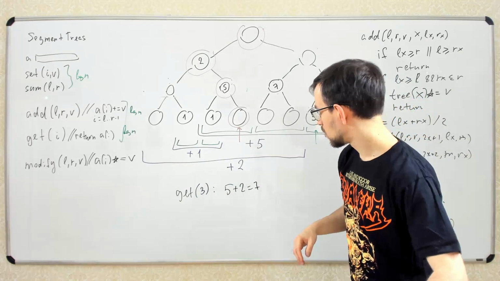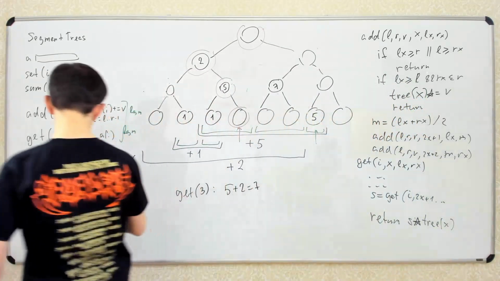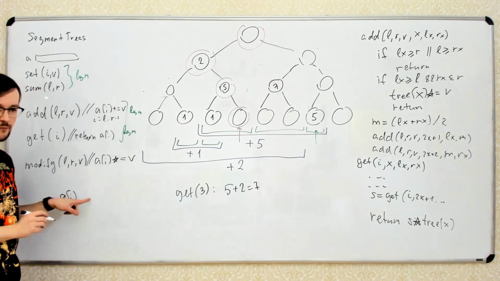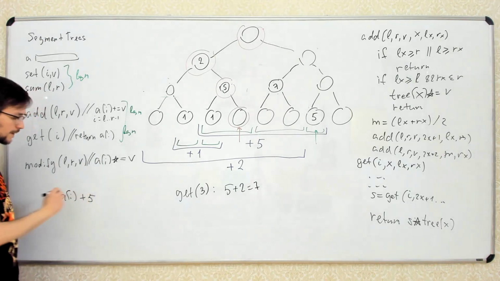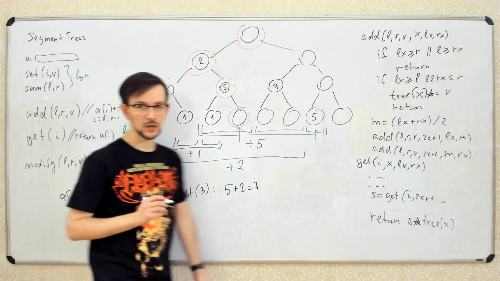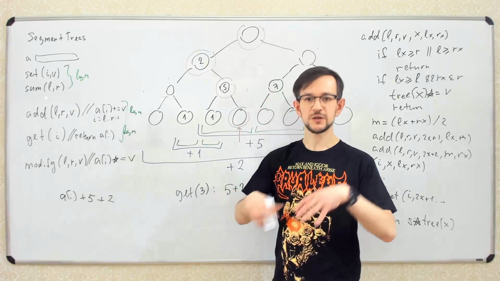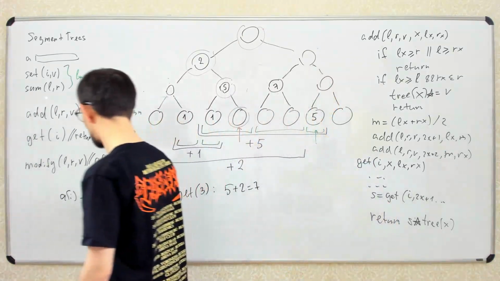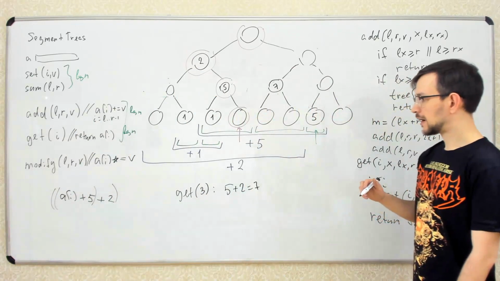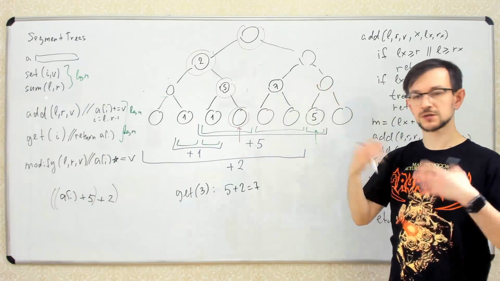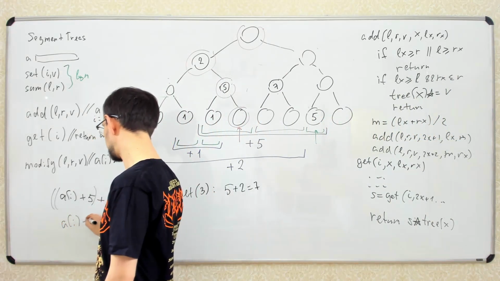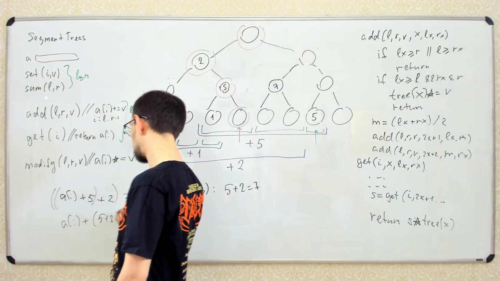So when we have some element, we apply operation plus 5, and then apply operation plus 2. So it's supposed to be working like this. But I put 7 here because this is the same as if we add the sum of 5 plus 2.